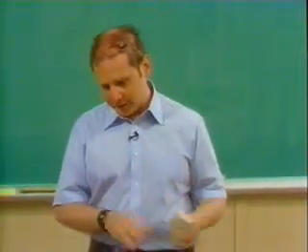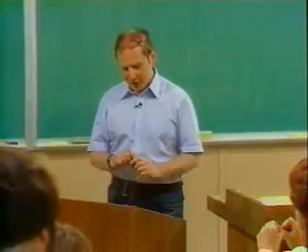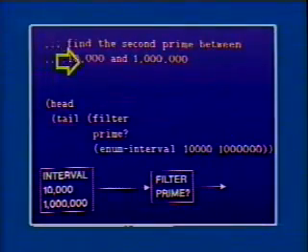Suppose I tell you to find the second prime between 10,000 and 1,000,000, or if your computer's larger, say between 10,000 and 100 billion or something. And you say, oh, that's easy, I can do that with a stream. All I do is I enumerate the interval from 10,000 to 1,000,000. So I get all those integers from 10,000 to 1,000,000. I filter them for primeness, so test all of them and see if they're prime. And I take the second element. That's the head of the tail.